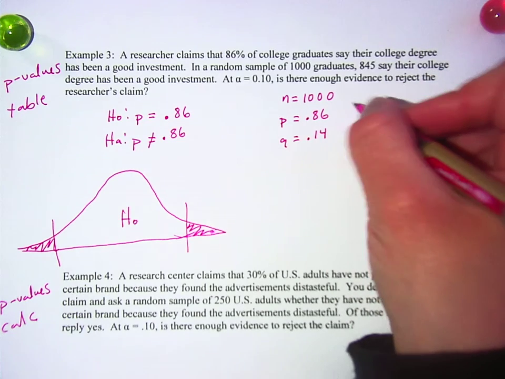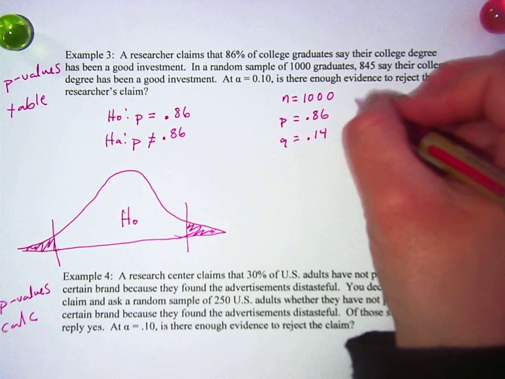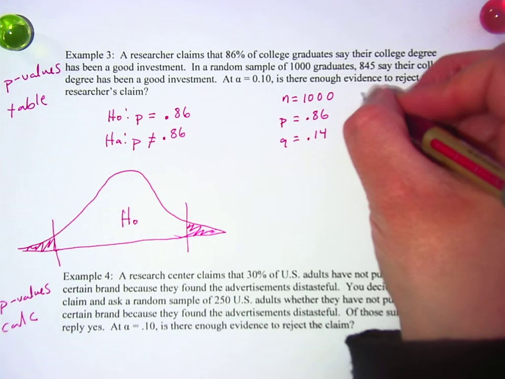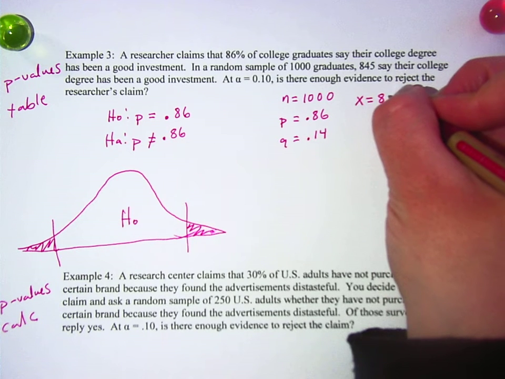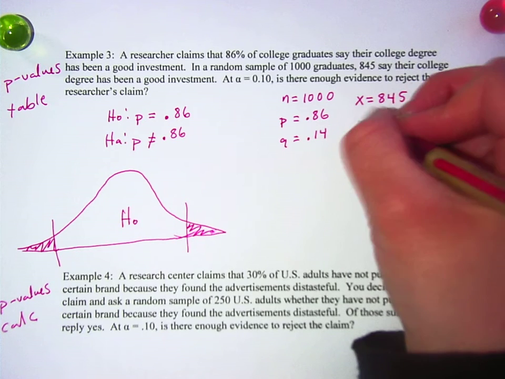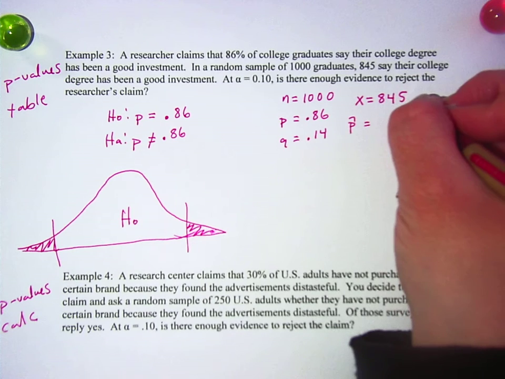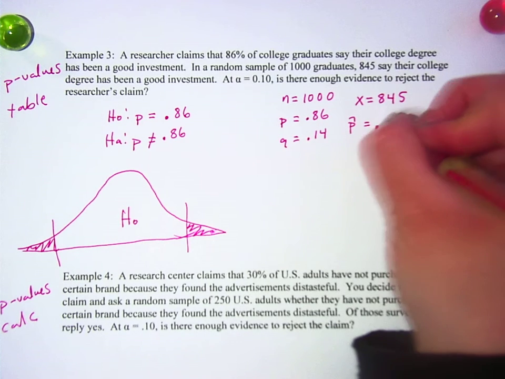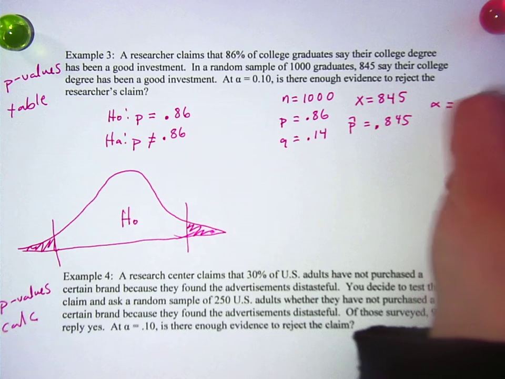And we can definitely do this problem because N times Q is definitely bigger than 5. P hat, I guess I do need it. So X is 845, which means P hat is 845 yeses out of 1,000, which is 0.845. And then we're comparing that to an alpha of 0.10.